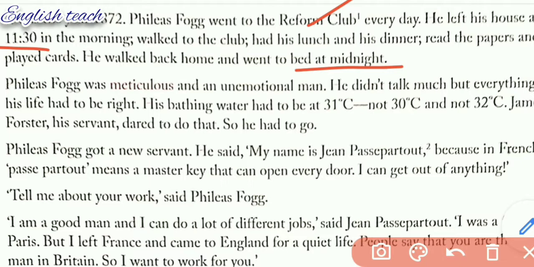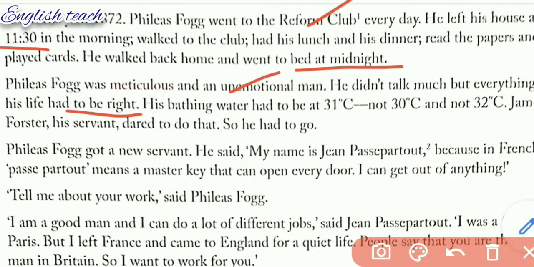Phileas Fogg was a meticulous and unemotional man. He never worried about anything. He didn't talk much, but everything in his life had to be right.